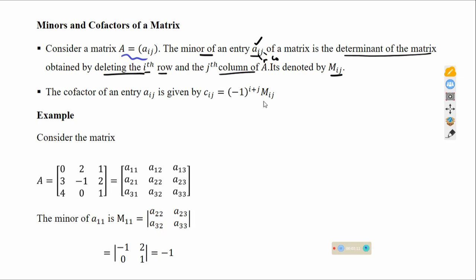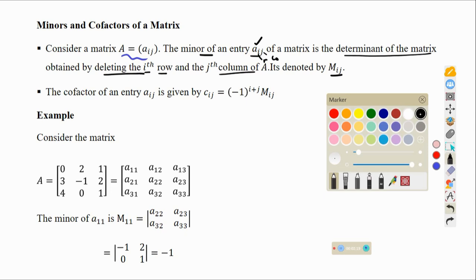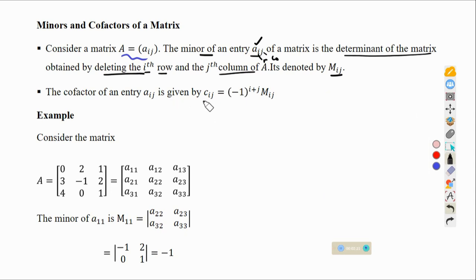So let us look at the cofactor now. To get the cofactor of an entry Aij, we shall use this formula: it is -1 to the power of i plus j, where i represents the row and j represents the column.